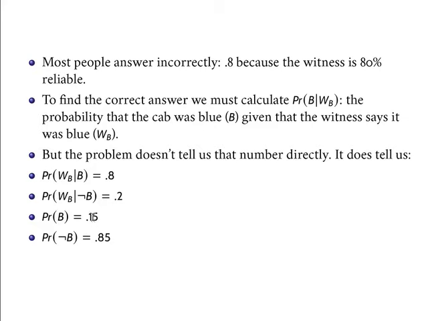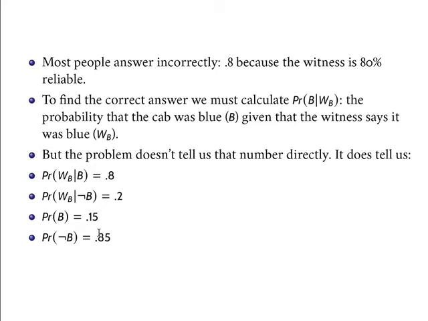That is because there are so many fewer blue cabs, so there's a small chance, unconditional on any evidence, that it was a blue cab, because there are just fewer blue cabs hanging around, so to speak. And on the flip side, the probability that it wasn't blue, i.e. that it was a green cab, is 85%.